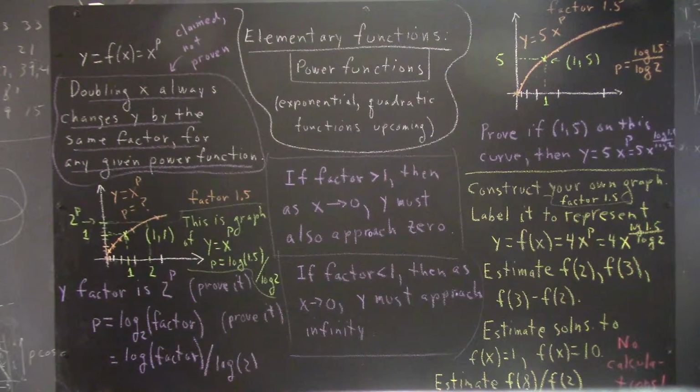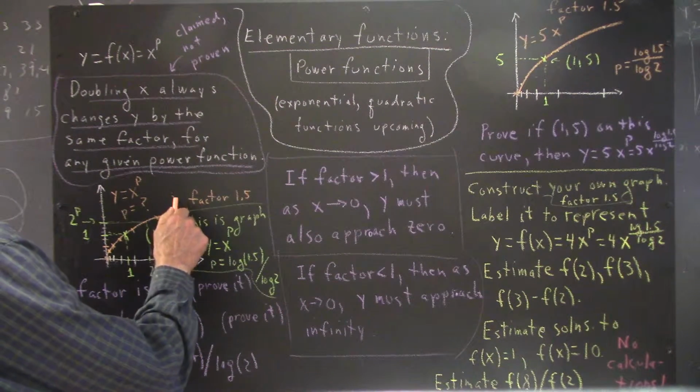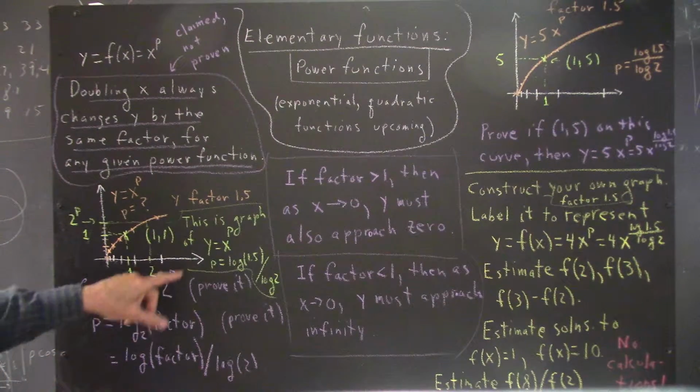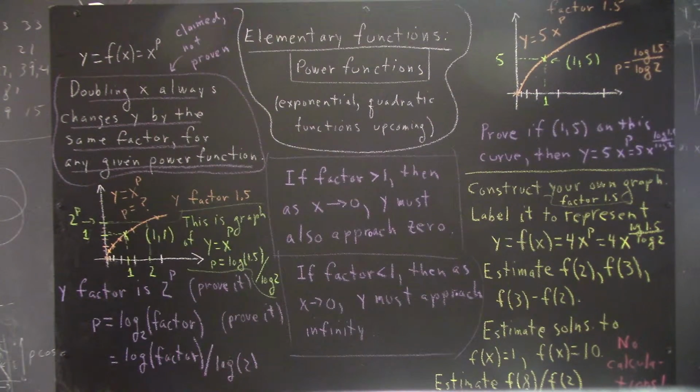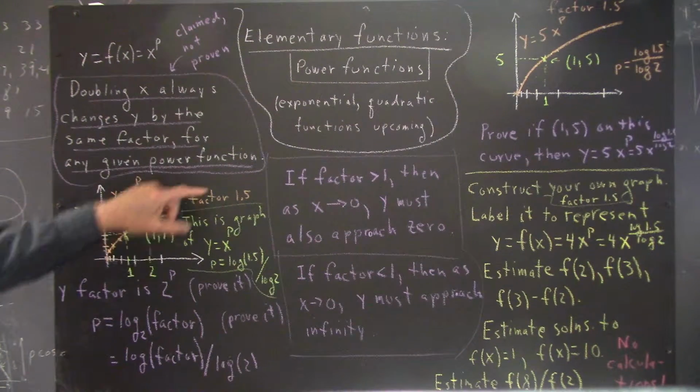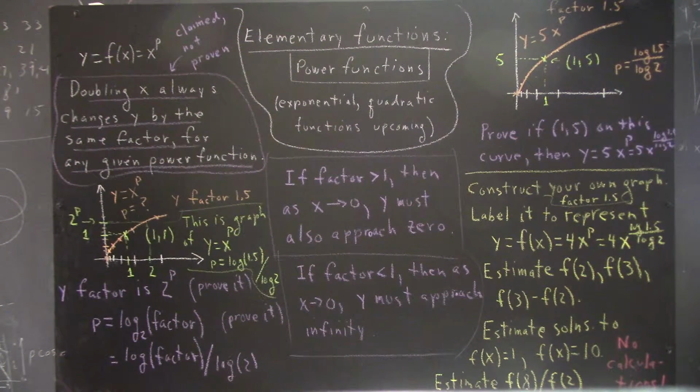That's the y factor. And it doesn't really hurt to call that the y factor, so let me just do that. Okay, so the y factor is 2 to the p. Can you prove that? That is, whatever the power of p is, 2 to the p has to equal 1.5. Okay, and this is the y factor that corresponds to doubling x.